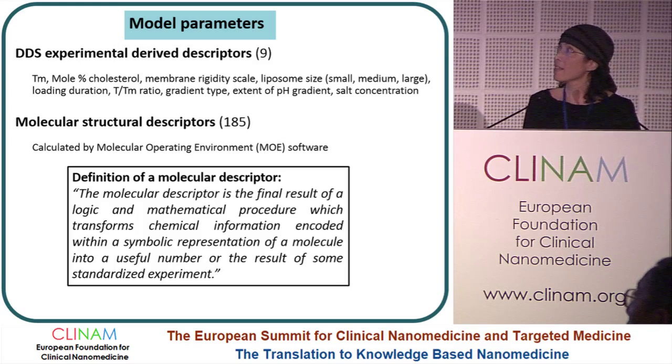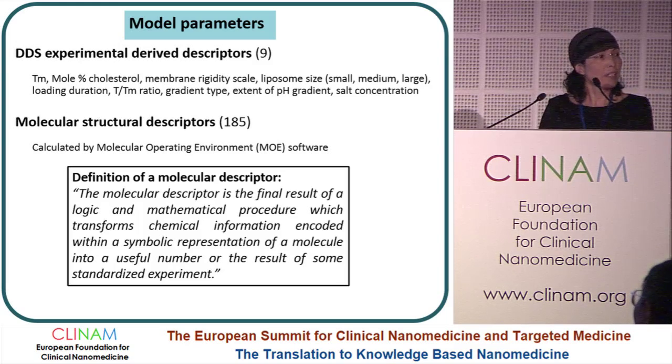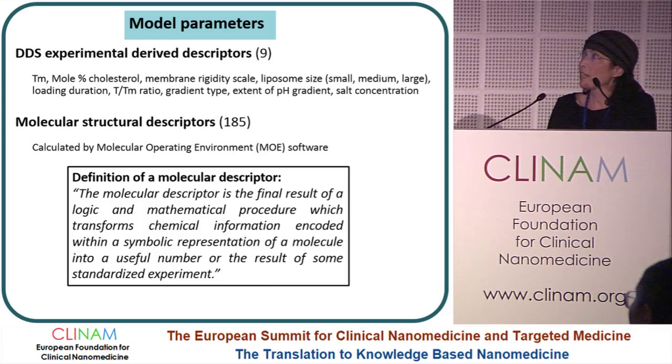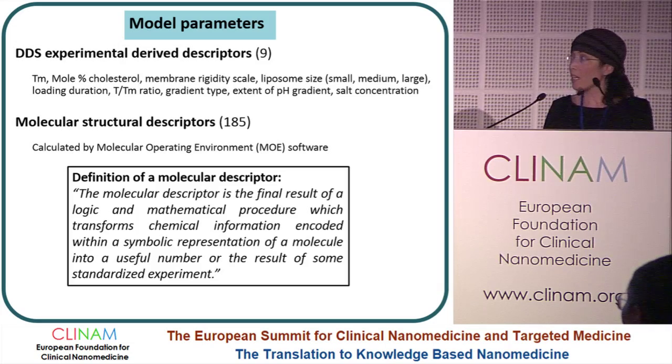Each instance in the data set was described by properties, also called descriptors. We had two types of descriptors: drug delivery system descriptors, which relate to the formulation composition and the preparation process, and structural descriptors, which relate to the structure of the molecules. These are computed by suitable software that is used for other QSPR studies.